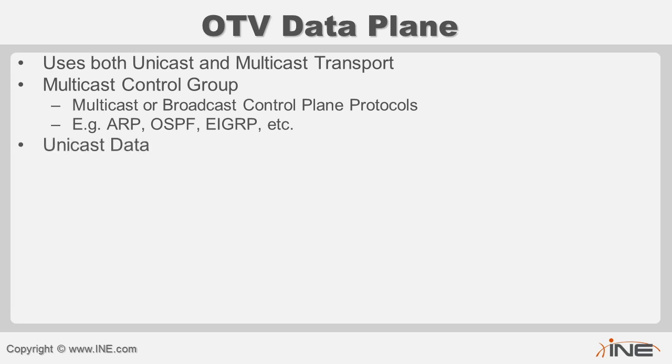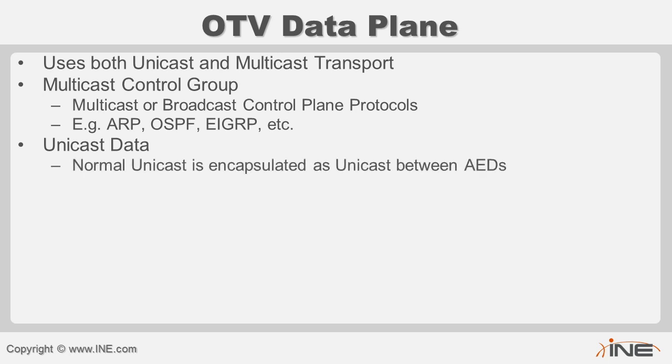We then have our normal unicast data, like database replication or web browsing or whatever normal unicast data we have. That's going to be encapsulated as normal unicast traffic between the edge routers. So specifically, it is our IPv4 or IPv6, whatever the application is, over Ethernet, over MPLS, over GRE, then in this case over IPv4 unicast.